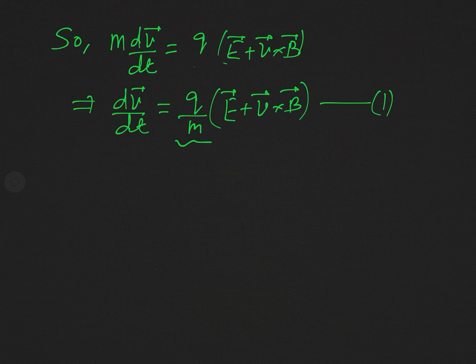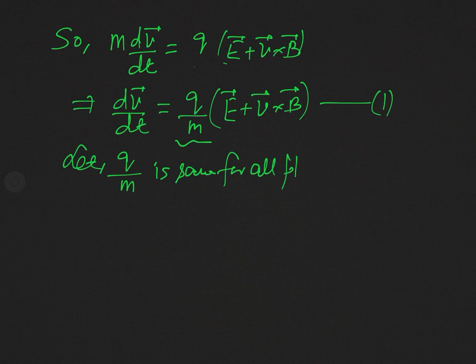So let this q by m be the same for all plasma particles. When you say plasma particle, it means plasma charged particles. And v1 is the velocity of the first particle.